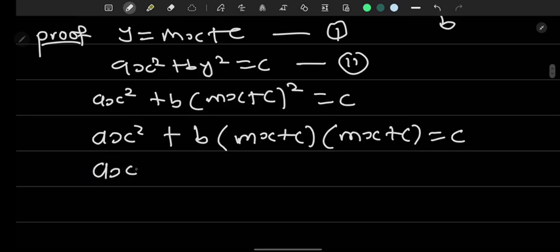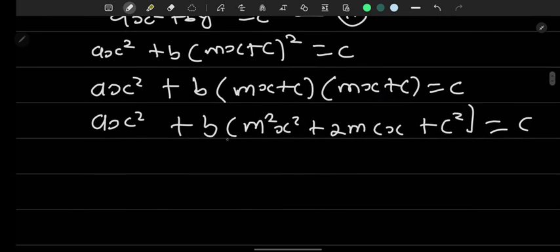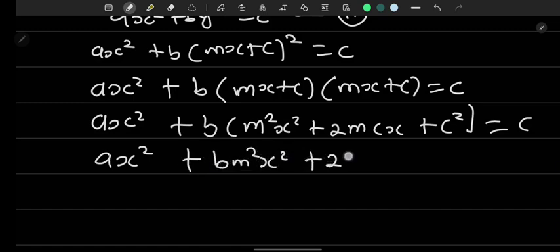When you expand this, you have m squared x squared plus 2mcx plus c squared. Don't forget you have b here, so we need to use b to expand the bracket as well. So you have ax squared plus bm squared x squared plus 2bcmx plus bc squared equals c.